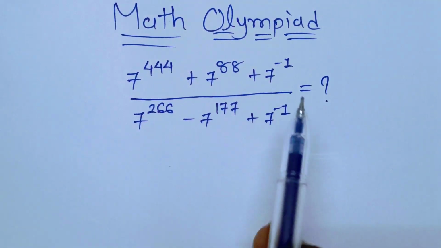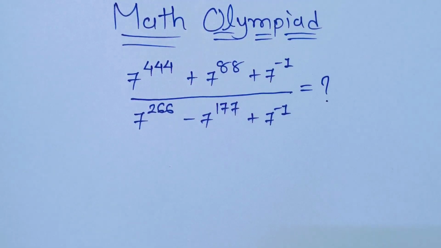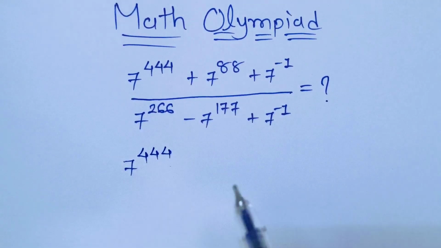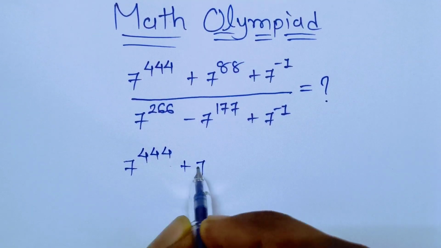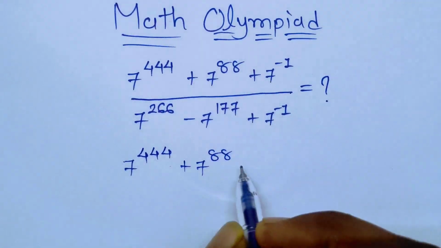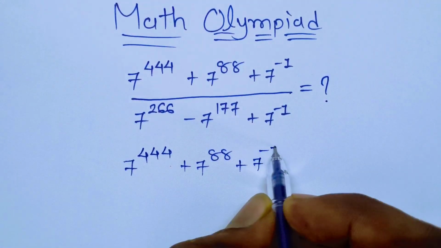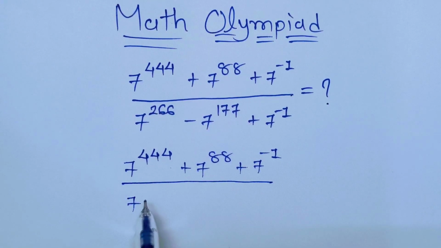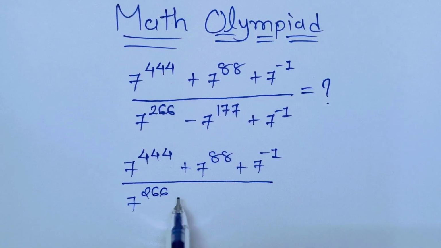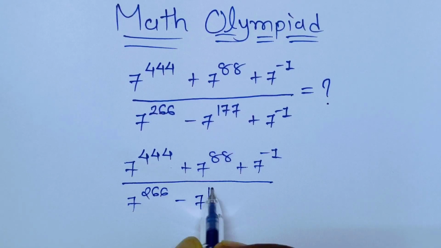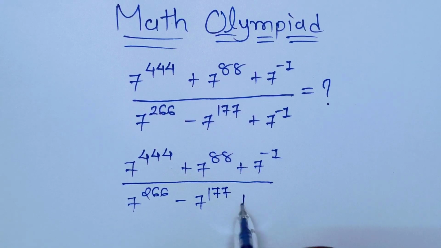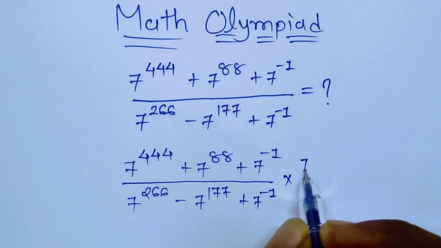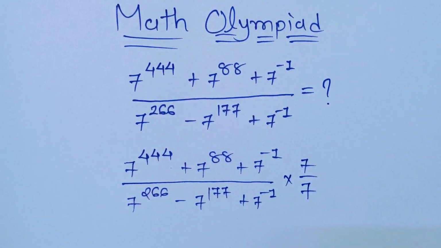First of all, multiply the numerator and denominator by 7. So we have (7^444 + 7^88 + 7^-1) divided by (7^266 - 7^177 + 7^-1), multiplied by 7 and divided by 7.